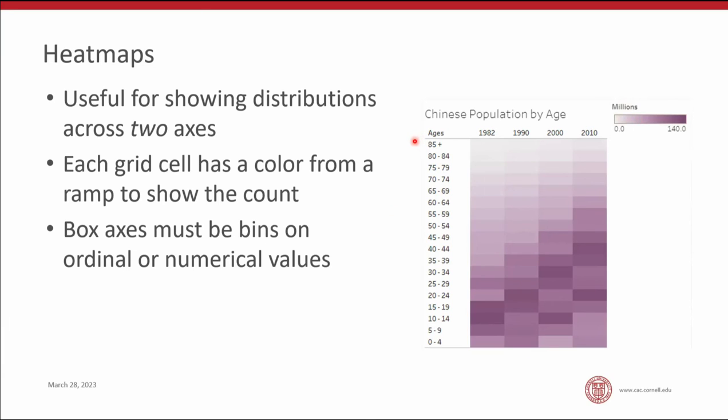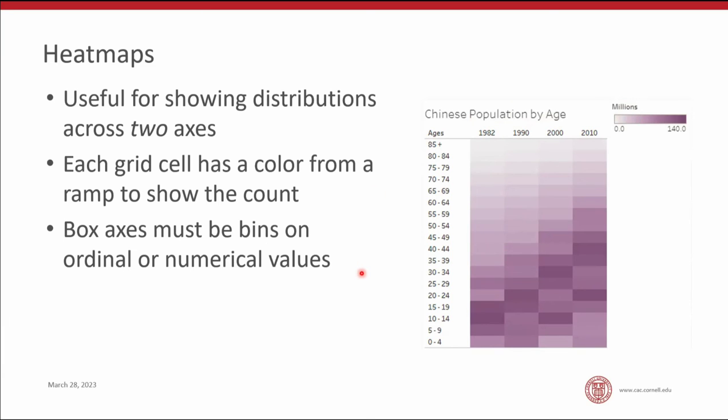And in this case, it's the population by age bracket in China that we're showing over surveys, censuses of approximately 10 years apart. Really, this should be exactly 10 years apart, but that was the data that I had.